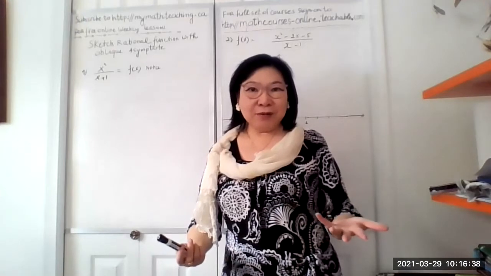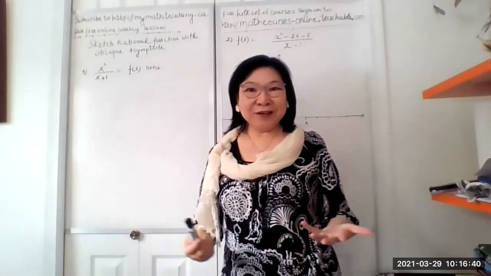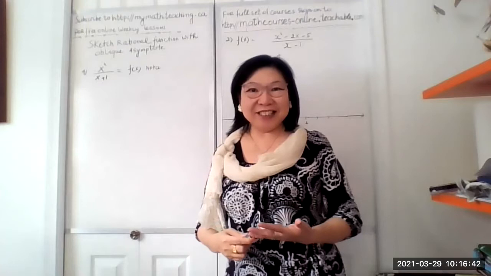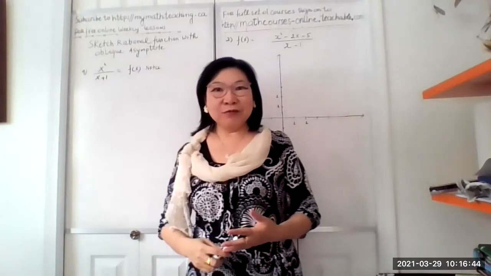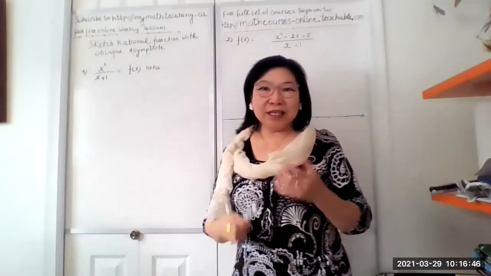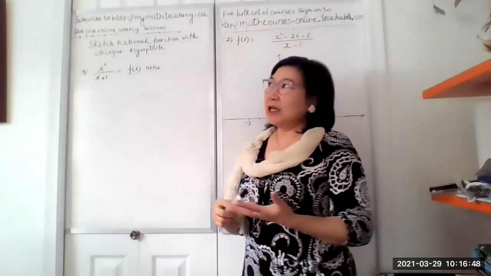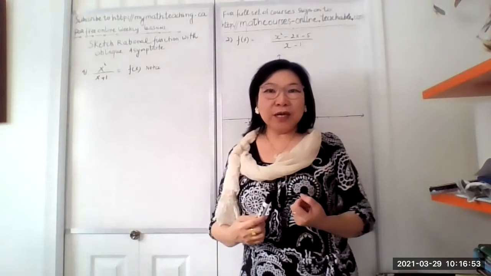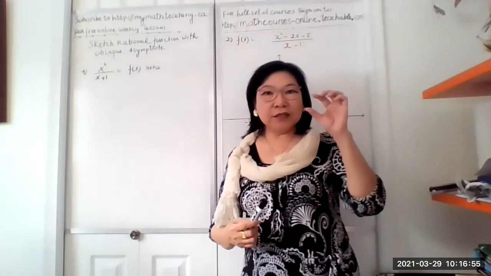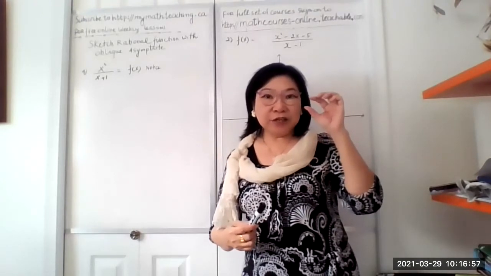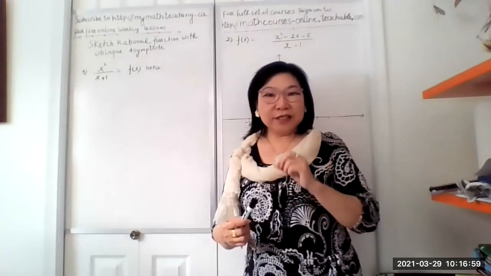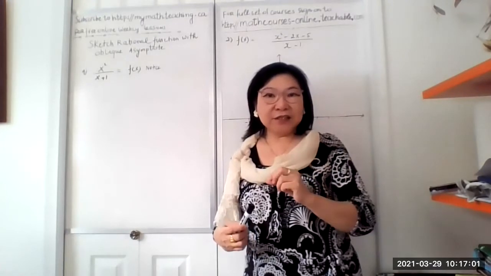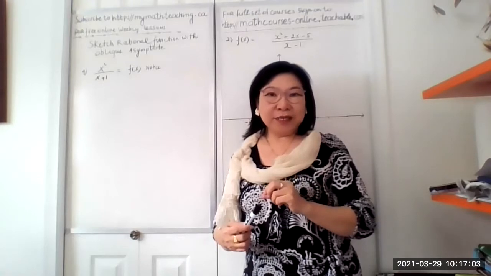So what is the oblique asymptote? Now we're not going to know it until we sketch it. However, I would like to give you a hint. The oblique asymptote happens when the highest degree of the numerator is higher than the highest degree of the denominator.